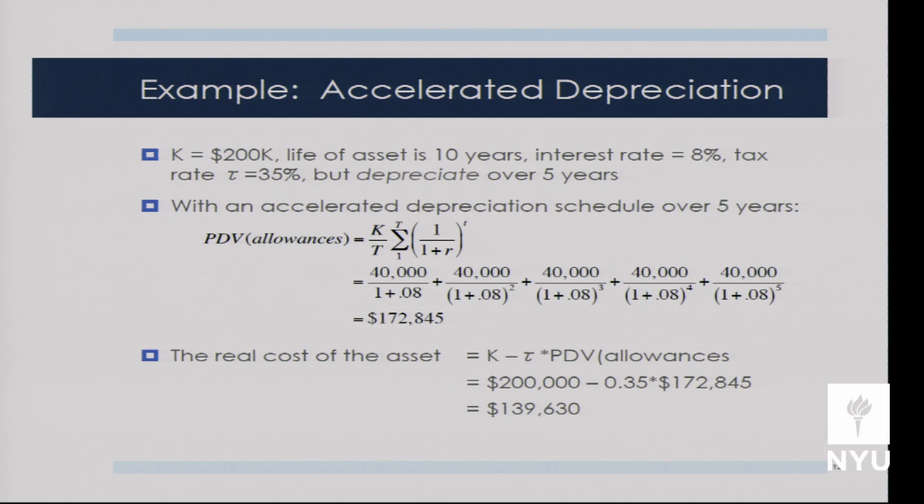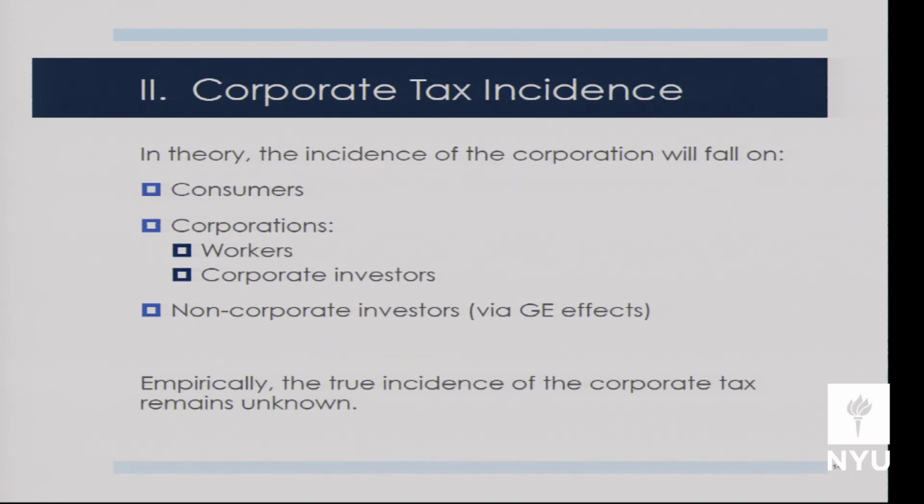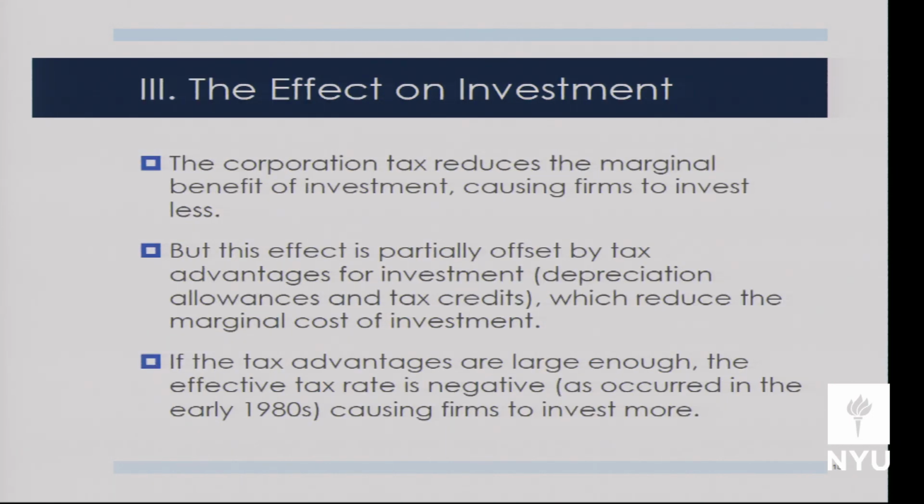The tax advantages to investment, the depreciation allowances, reduce that cost somewhat. So first we're going to layer in the corporate income tax, which is going to reduce the benefit to investment. Then we're going to put in the tax advantages, which is going to reduce the marginal cost of investment. So the new equilibrium will be between the new marginal benefit curve that reflects the corporate income tax and the new marginal cost curve that reflects depreciation allowances and tax credits for investment.